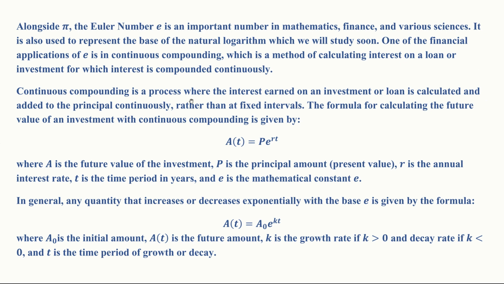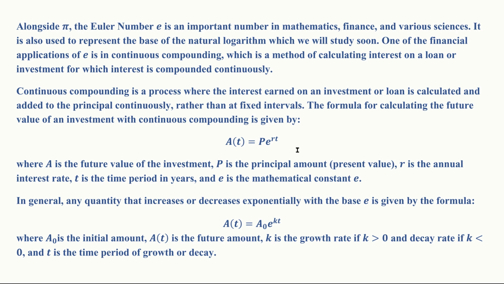Continuous compounding is a process where the interest earned on an investment or loan is calculated and added to the principal continuously, rather than at fixed intervals. The formula for calculating the future value of an investment with continuous compounding is given by A of t equals Pe to the rt. It's the famous PERT formula. Some people may remember the shampoo Pert, which we used to help as a mnemonic for students.